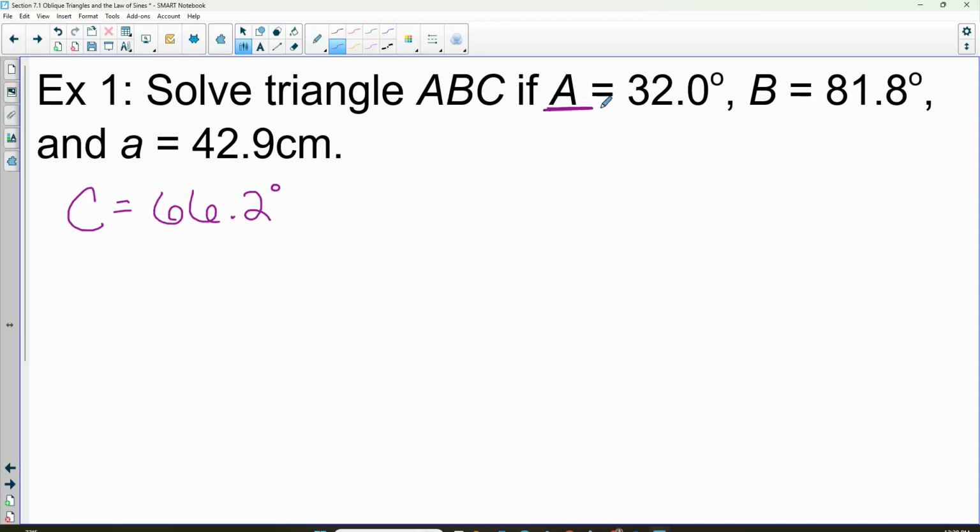In order for us to be able to use this formula, we're going to need an angle-side pair. And I have it. I have angle A and I have side a. So in my law of sines, I'm going to use that.